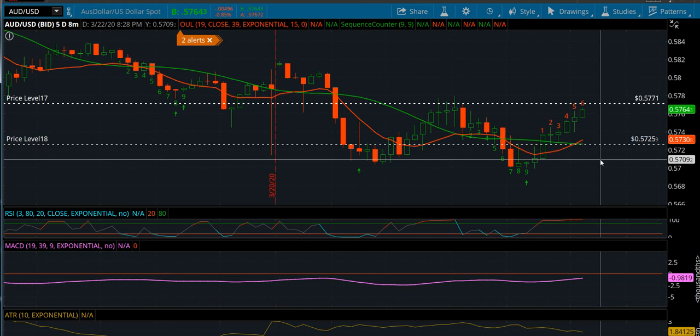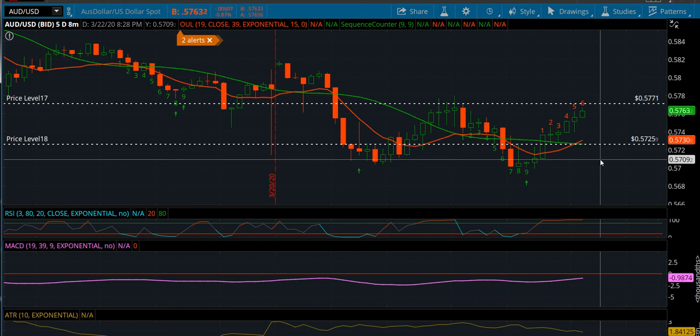Now, yes, sometimes it'll bounce and the next candle it'll close below, or one candle will close below it and the next one will close above it. It's the way it is. You know, there's no perfect science to trading. Nothing works all the time. It's all about possibilities and probabilities.